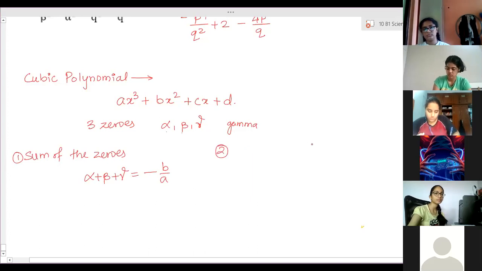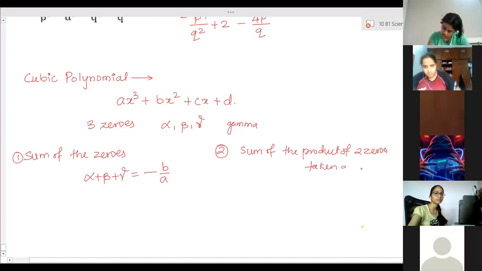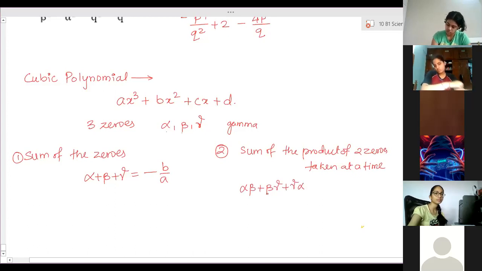Second relation, sum of the product of 2 zeros taken at a time: alpha beta plus beta gamma plus gamma alpha.